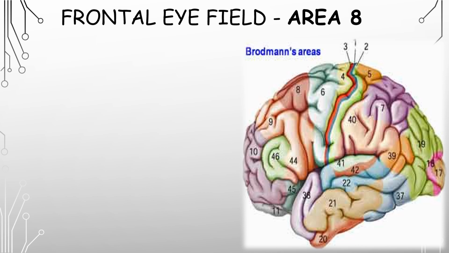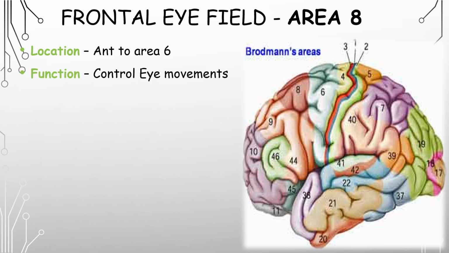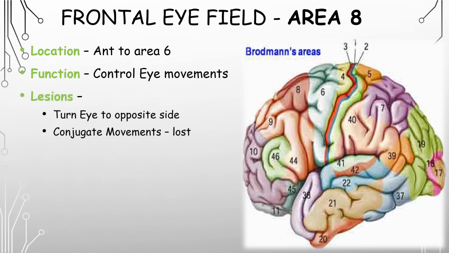Frontal eye field, area 8, here it is. It is located anterior to area 6. Its main function is concerned with the control of eye movements, and it also causes conjugate movements of the eyeballs to the opposite side, opening and closure of the eyelids, pupillary dilatation, and lacrimation.